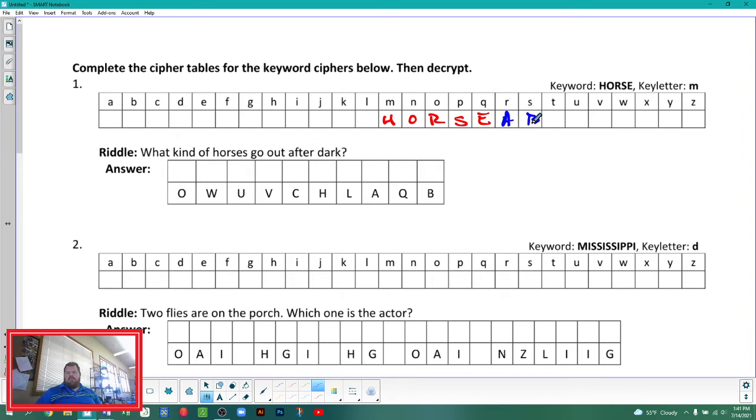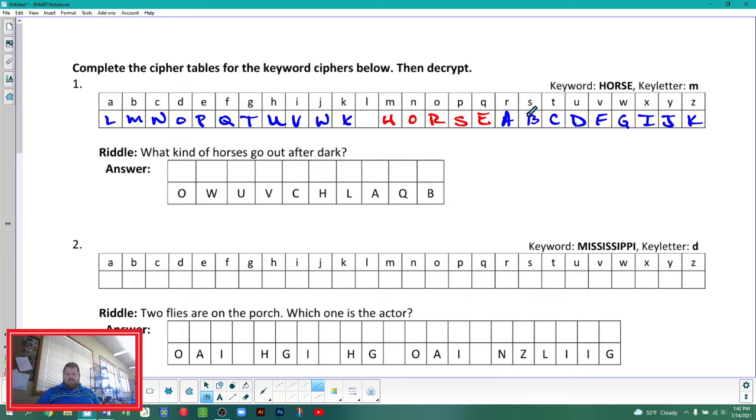So A, B, C, D, skip E, F, G, skip H, I, J, K, L, M, N, O, P, Q, skip R, skip S, T, U, V, W. I didn't skip enough, sorry.